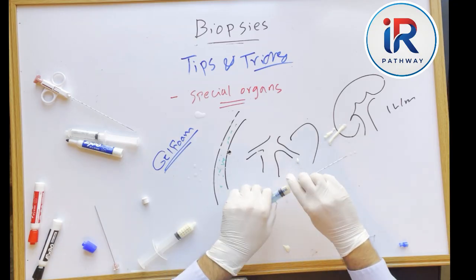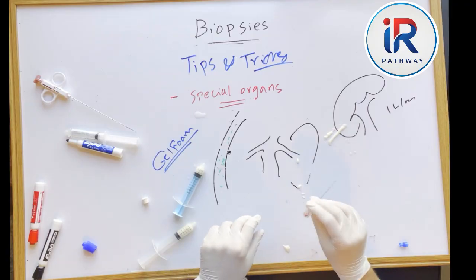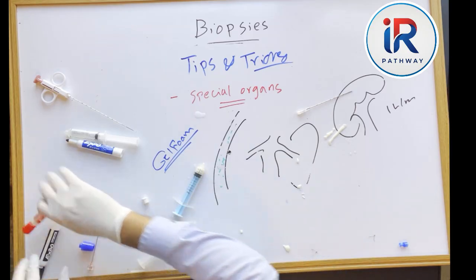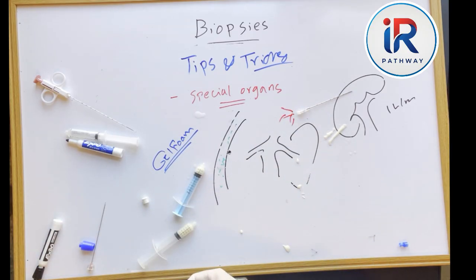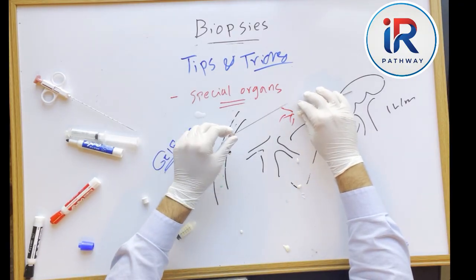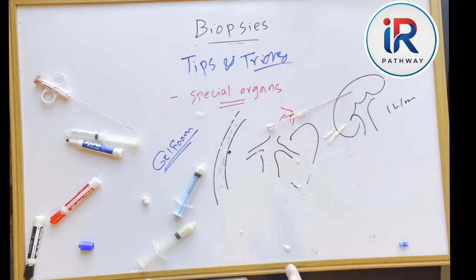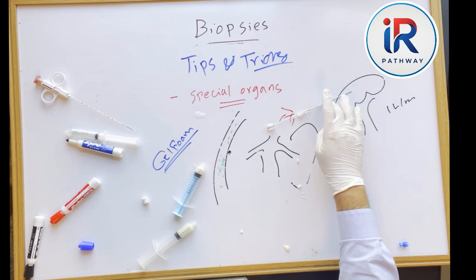Let's say this is the coaxial needle, positioned inside the kidney like this, and there is some bleeding here. In this case, you can insert the stylet and leave it midway for a few minutes, let's say around 5 minutes. The idea is that blood enters the needle lumen, but stops due to the plug here.